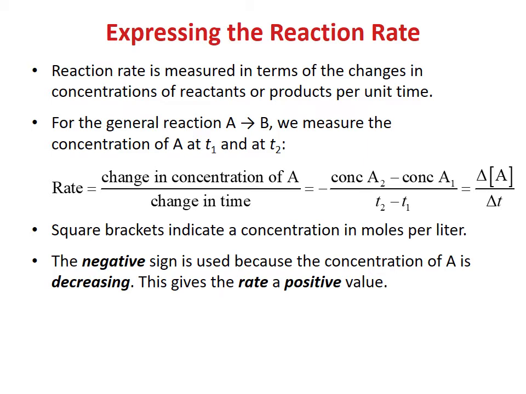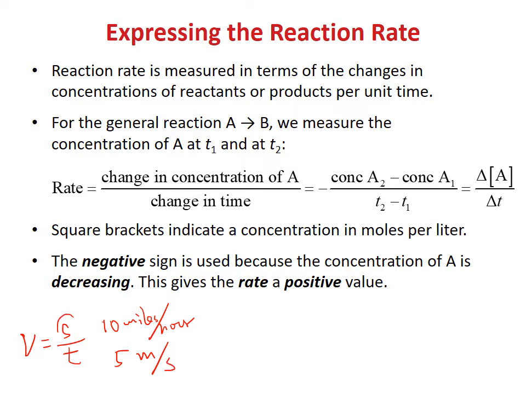In physics, you learned that speed is defined as distance divided by time. For example, you may run at a speed of 10 miles per hour, or 5 meters per second.